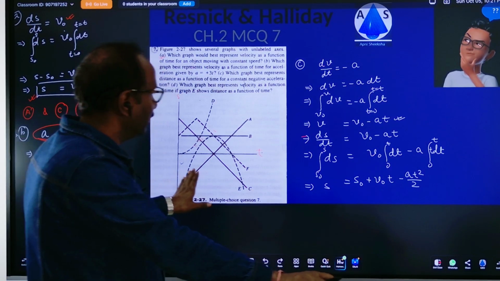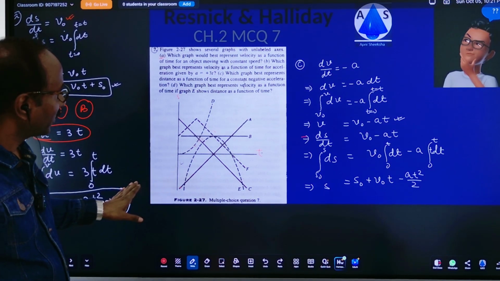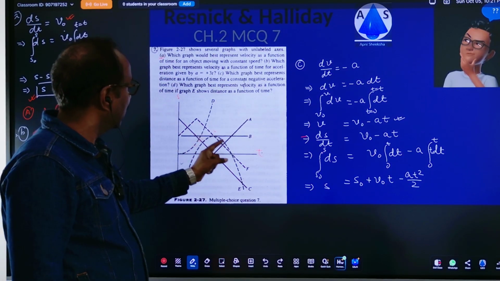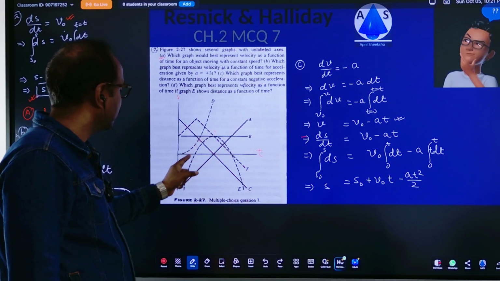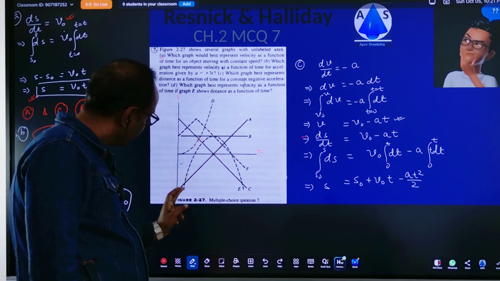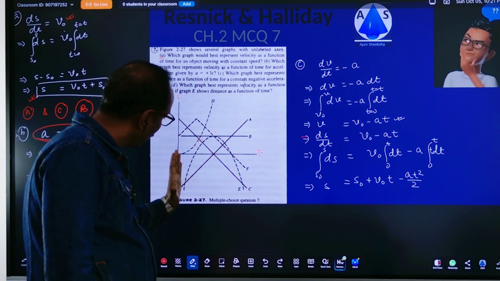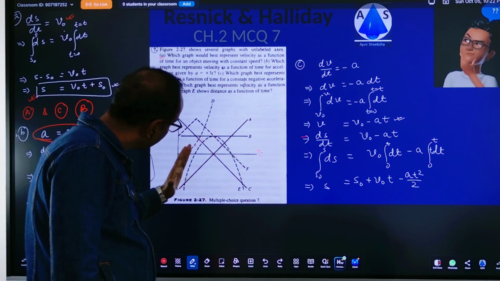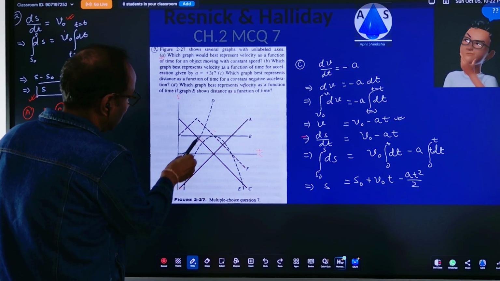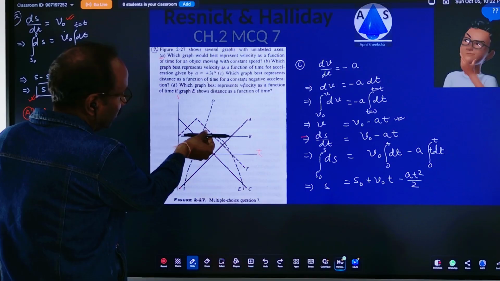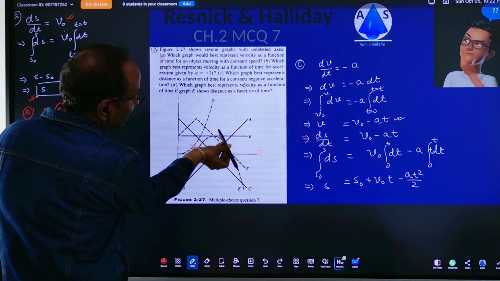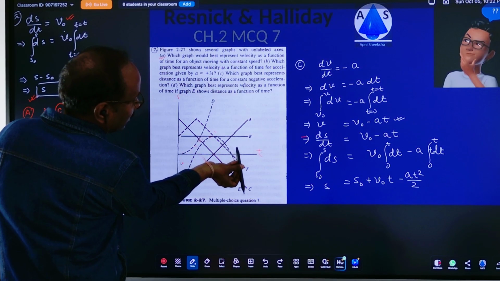Here I am repeating once again. S against T is this graph, that is a parabola. As the time increases, from here if you see, the slope is decreasing. And then here the slope becomes 0, and from here onwards the slope is negative and increasing gradually.